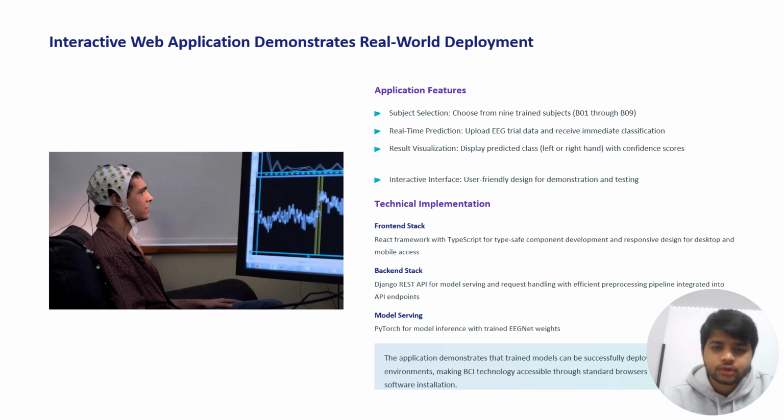The application's frontend is created in React, the backend in Django REST, and the model is built with PyTorch. I used PyTorch because it's very flexible, the GPU support in PyTorch is very good, and it's easy to implement.